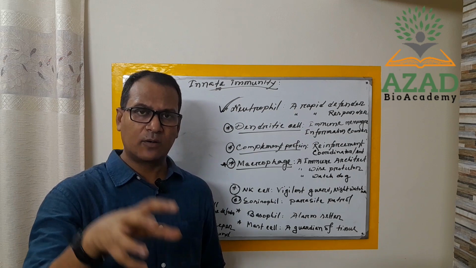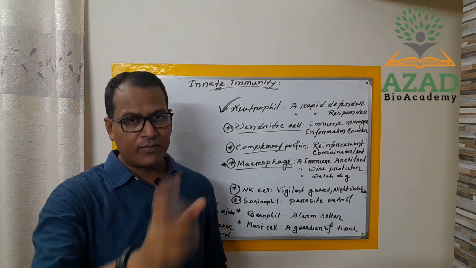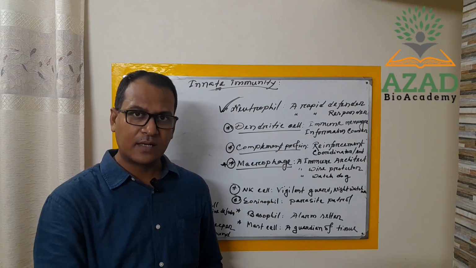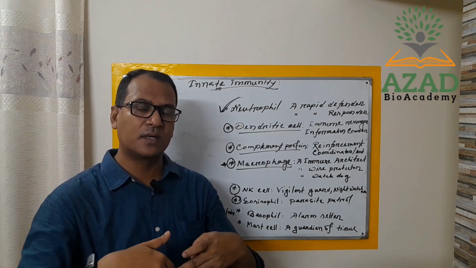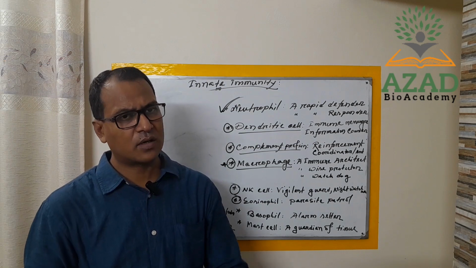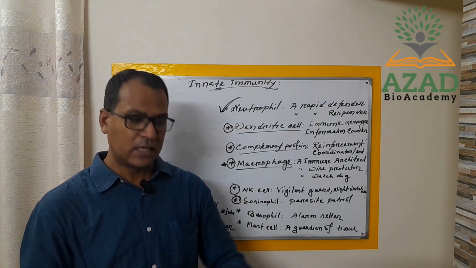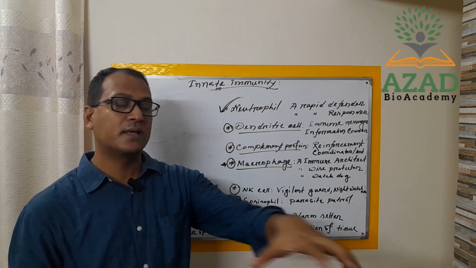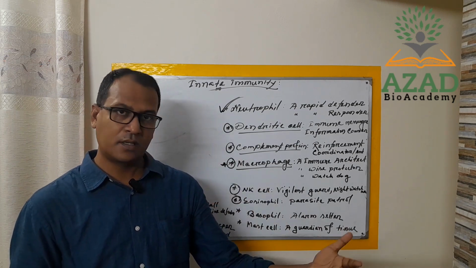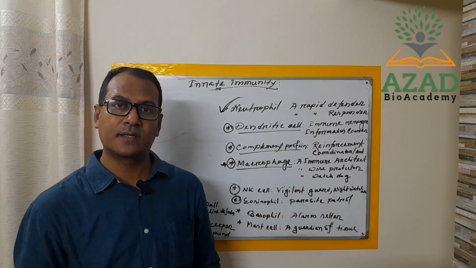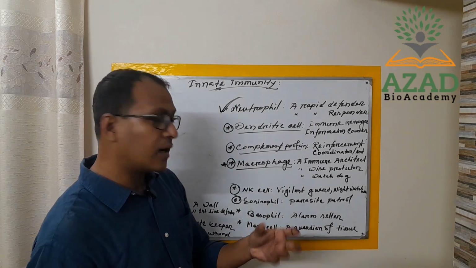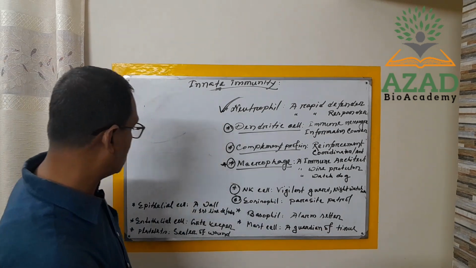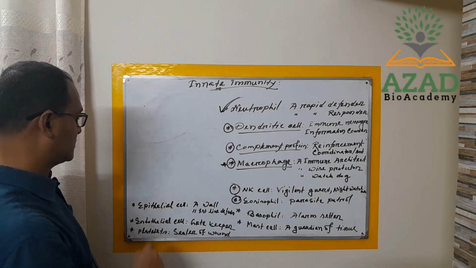That means when a local area is affected by an injury or foreign particle, your mast cell will be activated and release some substances, like cytokines or other immune cell signaling factors, and that will quickly arrange the immune system to fight against them. So it is the local guardian, the guardian of the tissues.